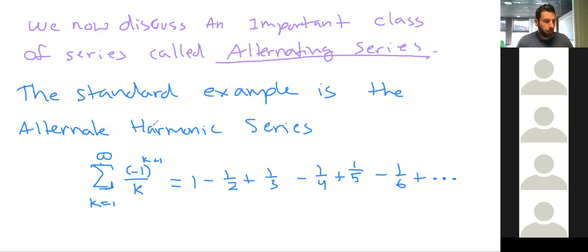Okay, so this is the standard example of an alternating series, and it turns out this series converges. And the question is, why does it converge, and can we say anything about other series that alternate?